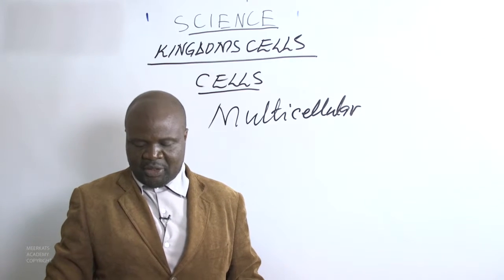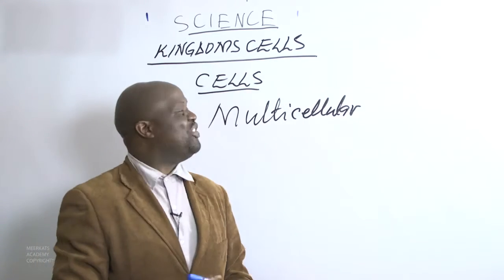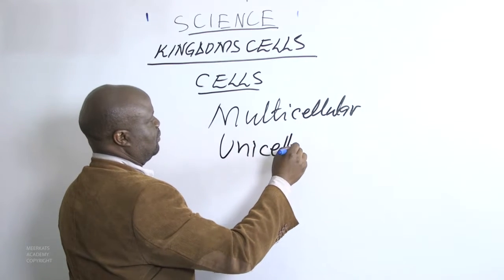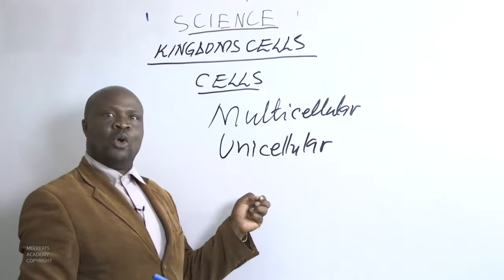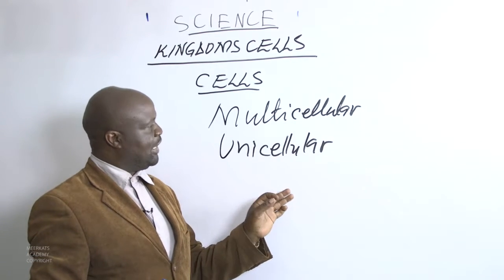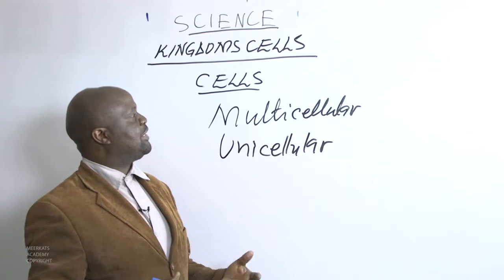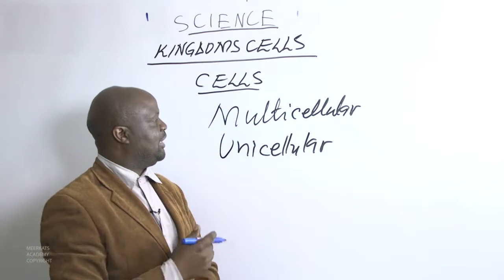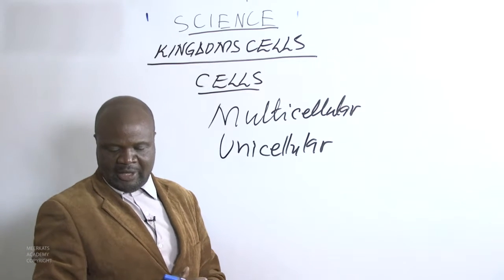These we call unicellular, meaning the whole organism entirely relies on only one cell. But there are some living organisms that are made up of many cells, and they are multicellular in nature.